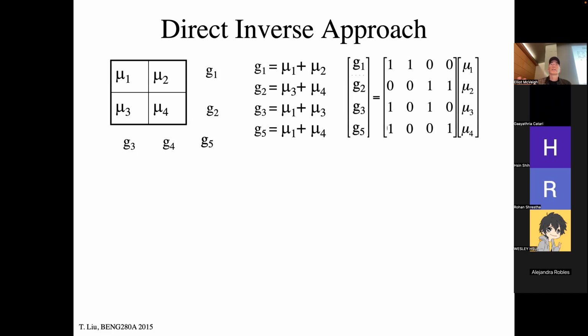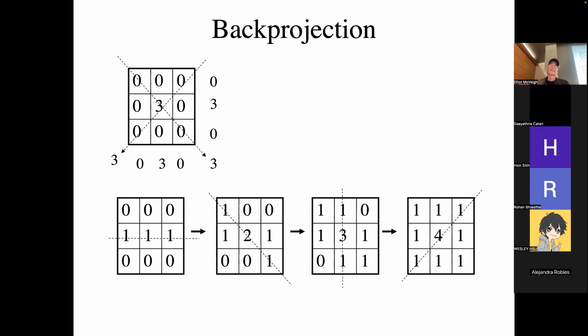One of the ways you can do a very naive reconstruction of all of these projections that you've got is called naive back projection. For this example, we have a 3x3 image and the true mu values in this image are everywhere 0 except the middle, which is 3.